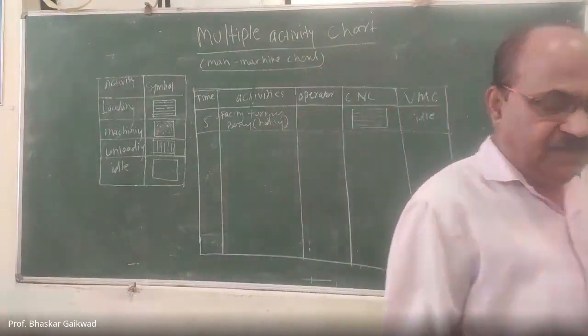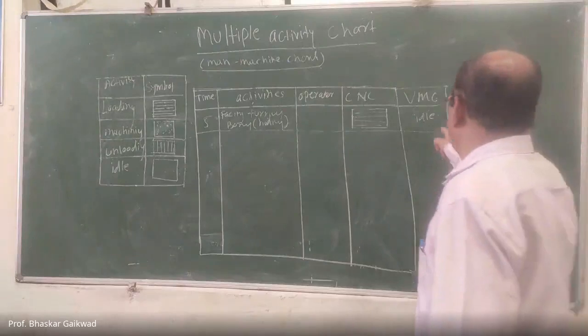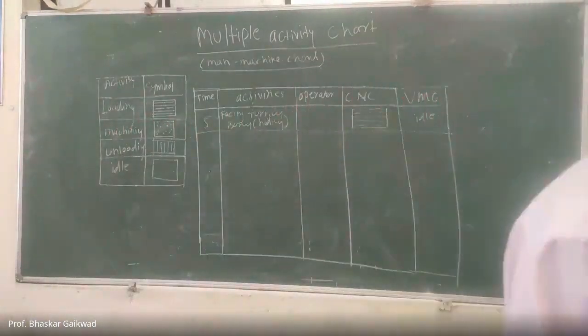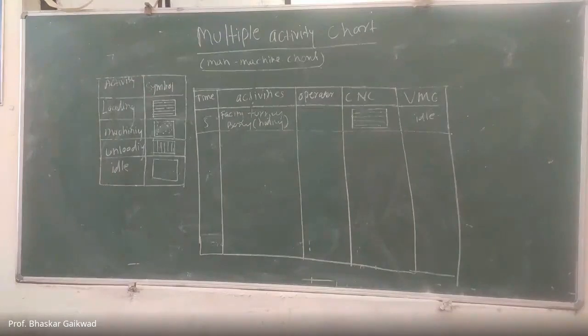The VMC will remain idle, and the corresponding time is here. When we are loading our job on the CNC machine, the VMC remains idle. The operator is doing only that work. Correct?